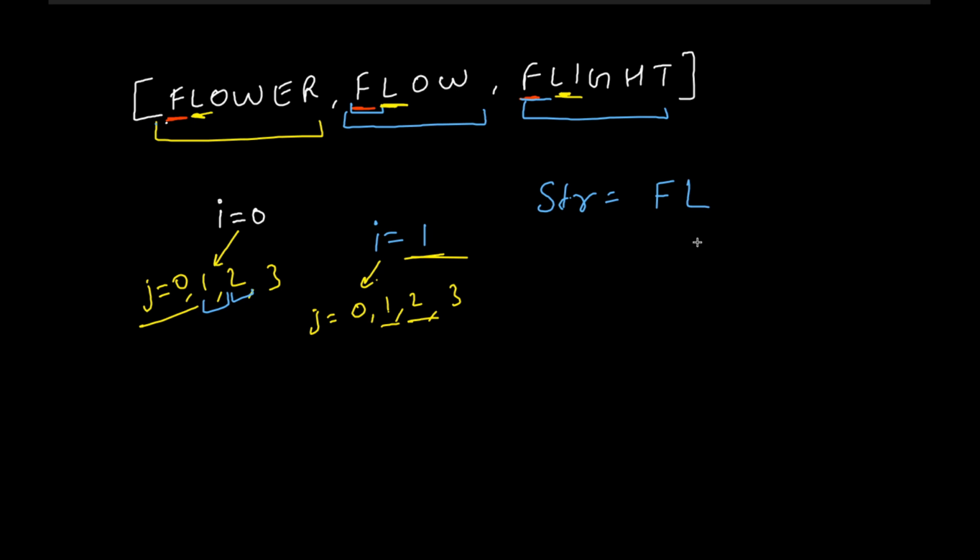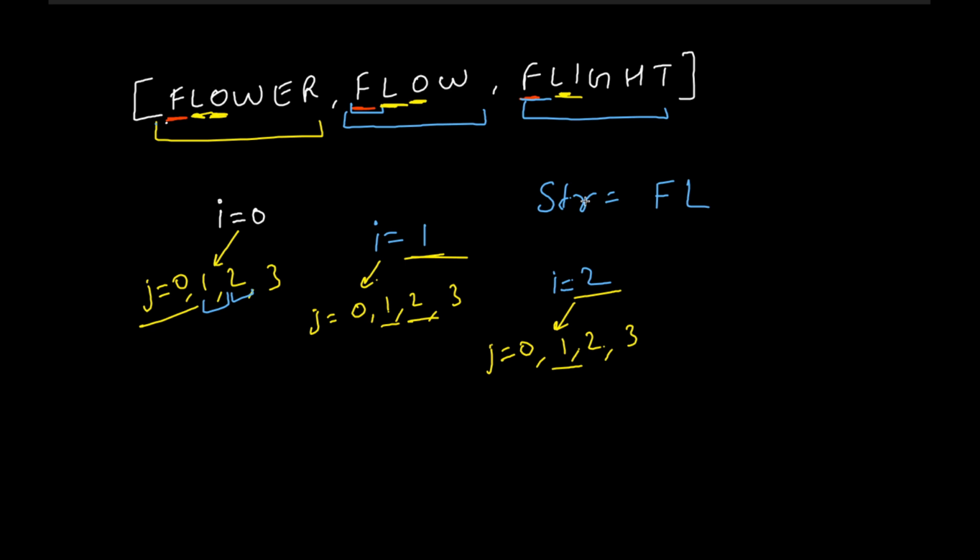So l is appended. Now again we have i is 2, and again check for j 0, then 1, then 2, then 3, and so on. Now when i is 2, that means this position. i is 2, j 0, we have o. i is 2, j is 1, that means here, we again have o.